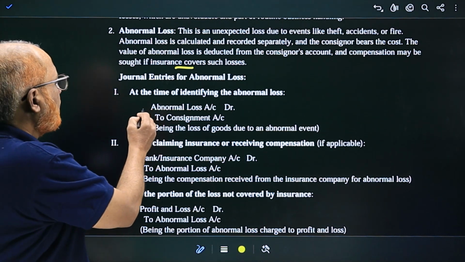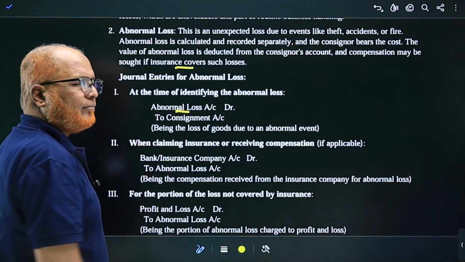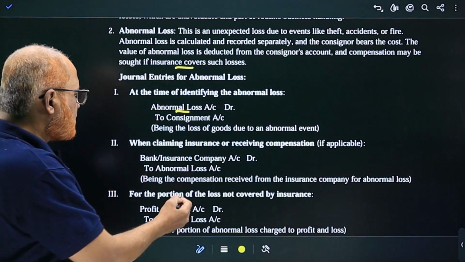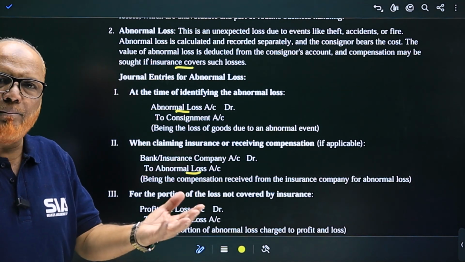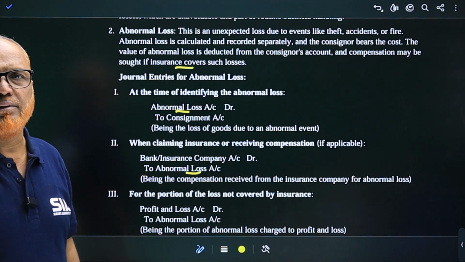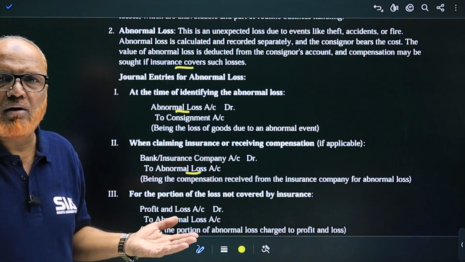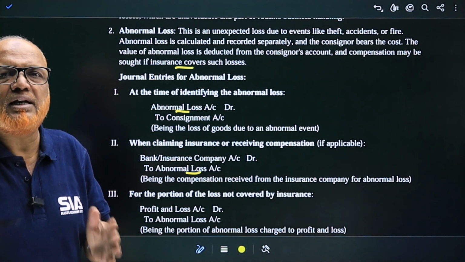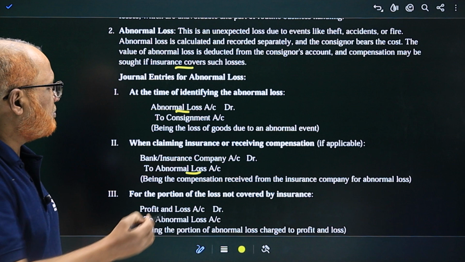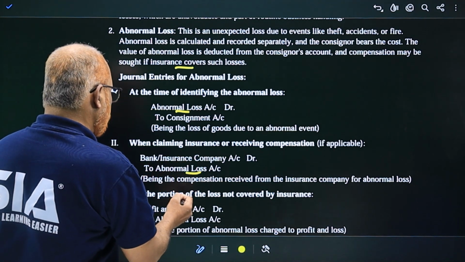So in the first entry, abnormal loss was debited. In the second entry, abnormal loss account should be credited. Debit should be given to either bank or insurance company. If the amount is received, bank account debit. If the amount is not received but the claim is settled, then insurance claim should be debited. Insurance company should be debited.